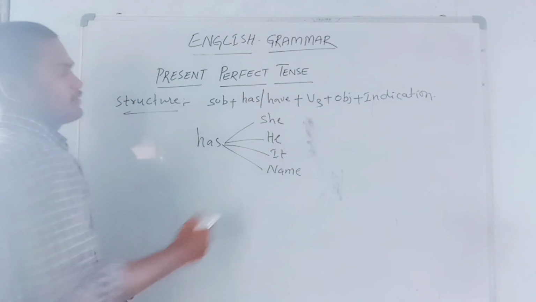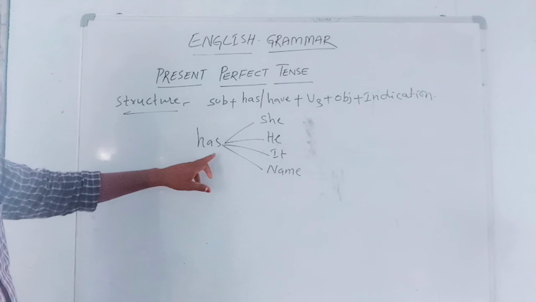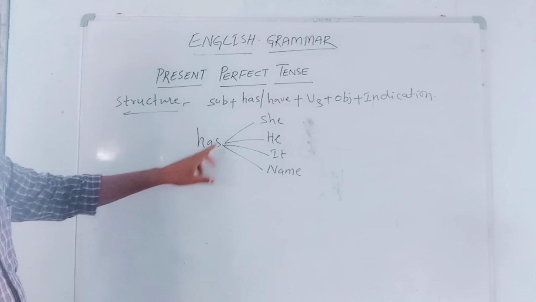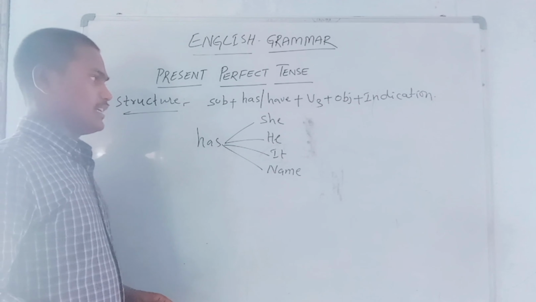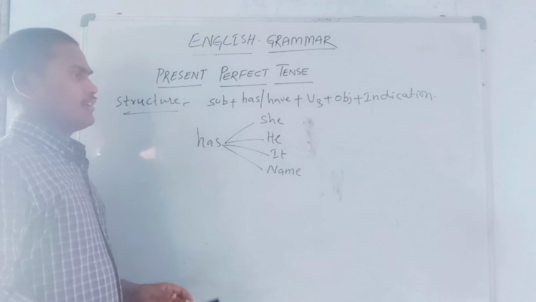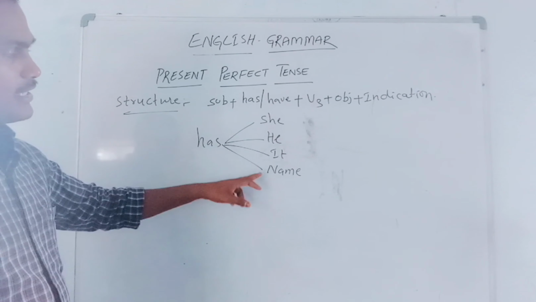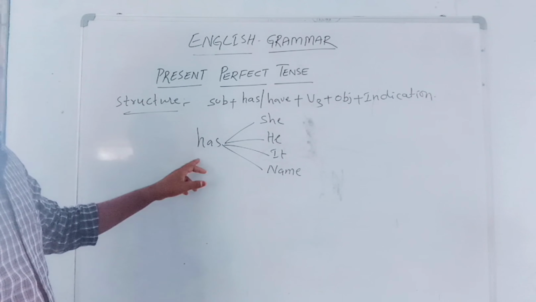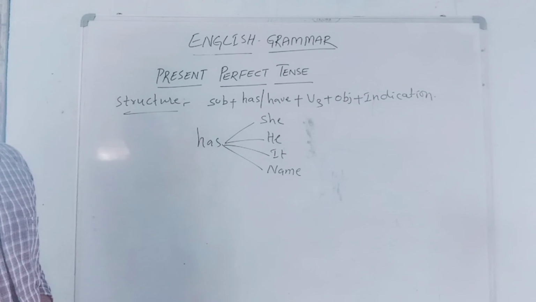After these four subjects, we should use the helping verb has in present perfect tense. Whenever a sentence starts with any one of these subjects, we must use has after it.